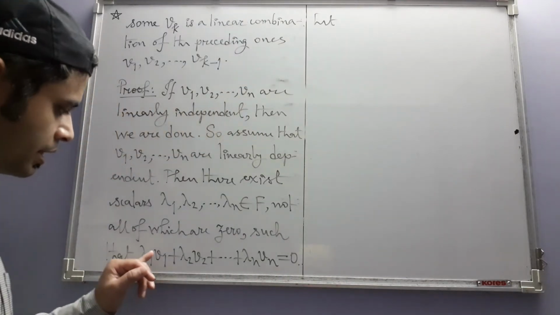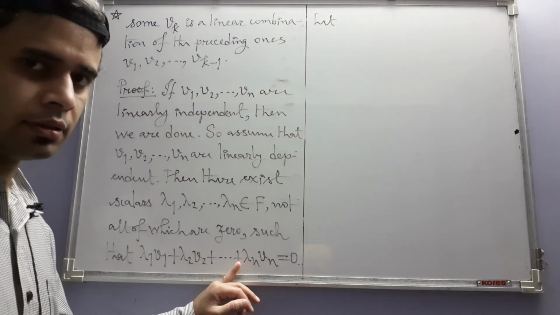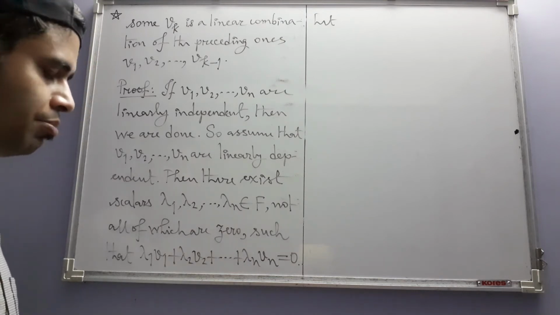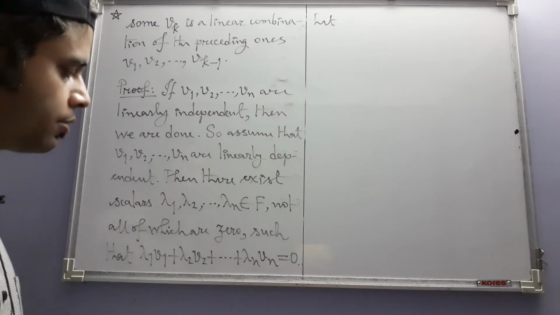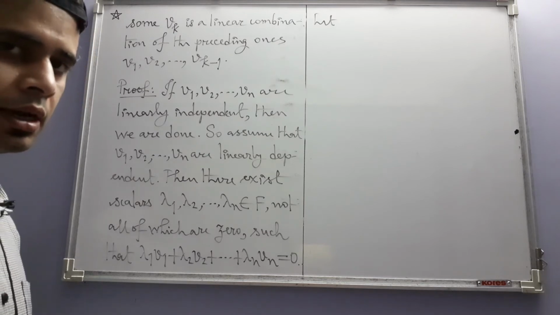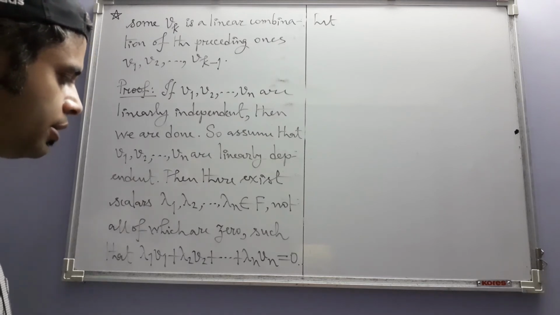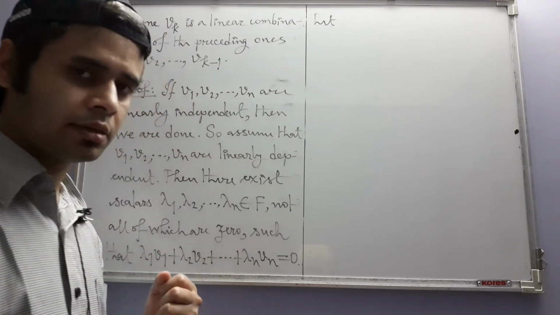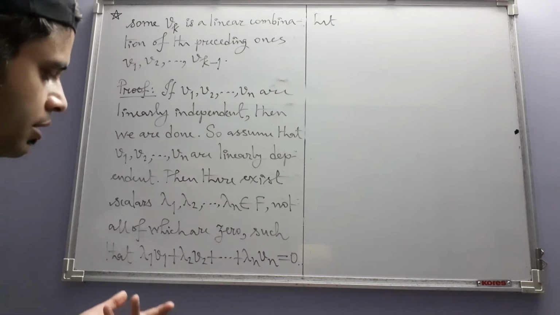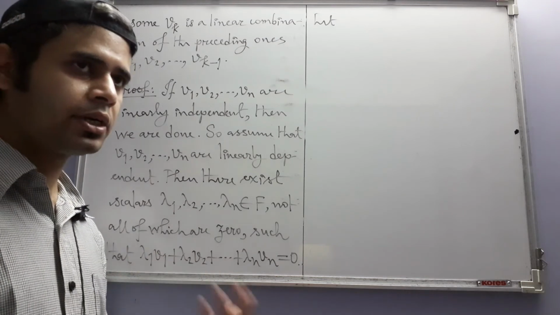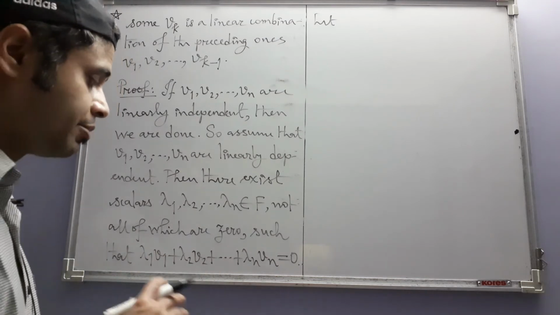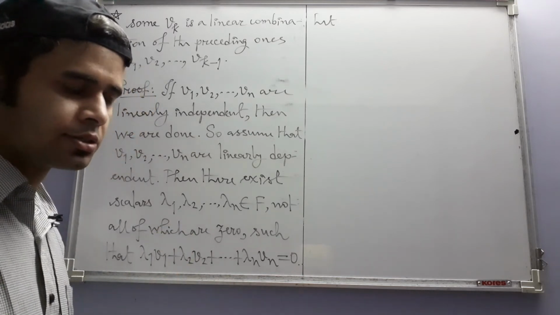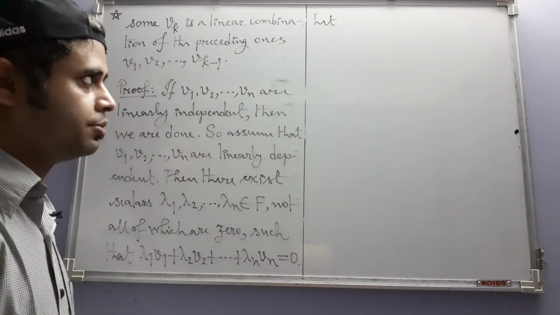Some lambda i here, some of them are 0, some of them are non-zero, maybe all are non-zero, we don't know, but at least one non-zero lambda is there. So in any case, we can find a largest subscript k for which lambda k is non-zero. After k, lambda k plus 1, lambda k plus 2, they are all 0.